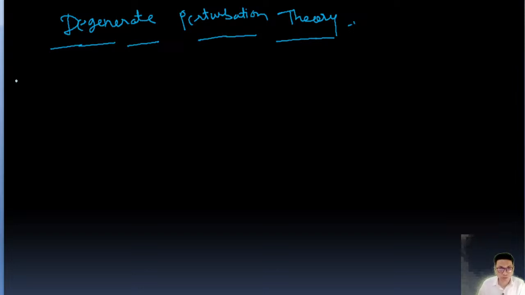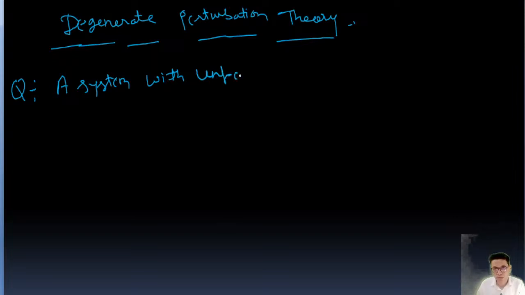Okay, so the question is: a system with unperturbed Hamiltonian. I'll write the unperturbed Hamiltonian first.